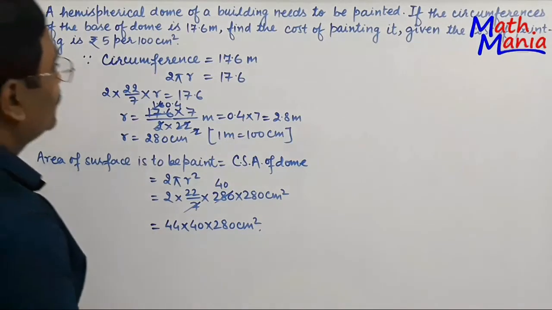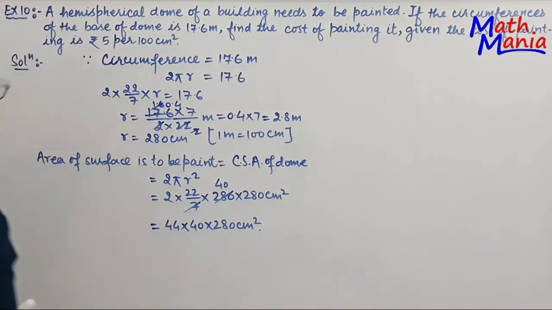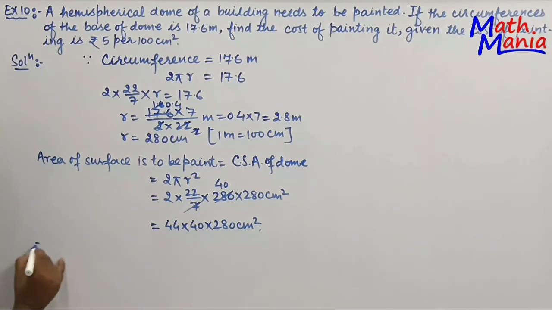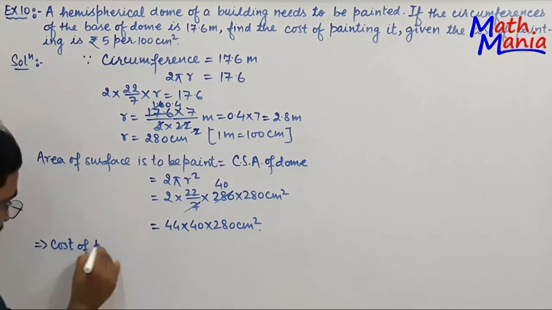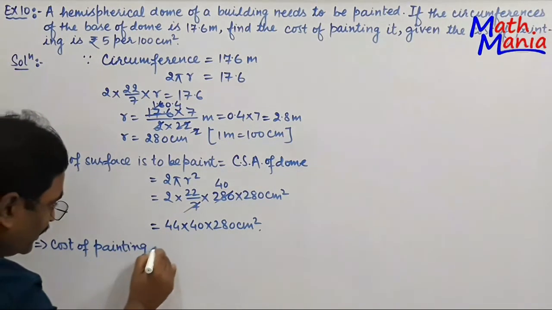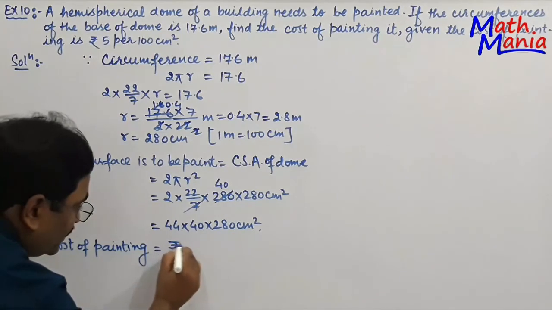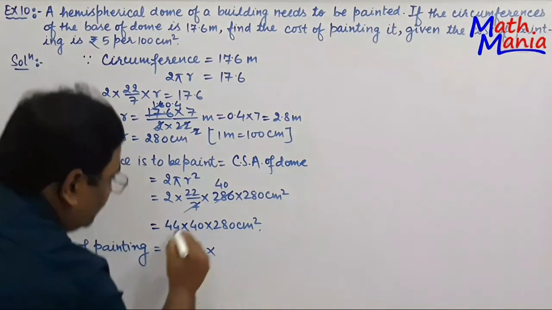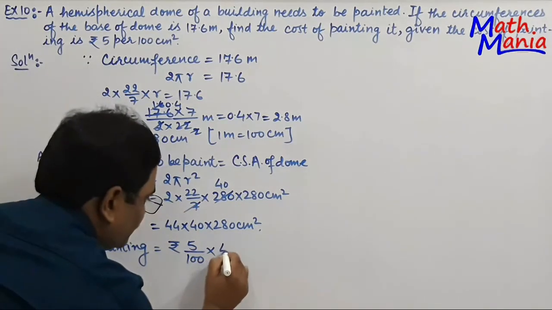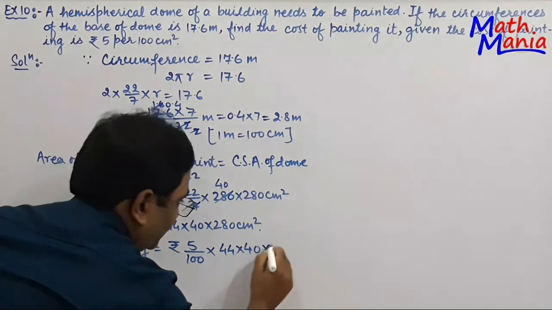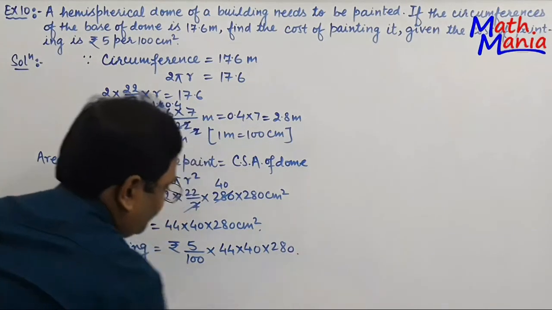So the cost of painting this area is equal to ₹5 upon 100 multiplied by 44 into 40 into 280.